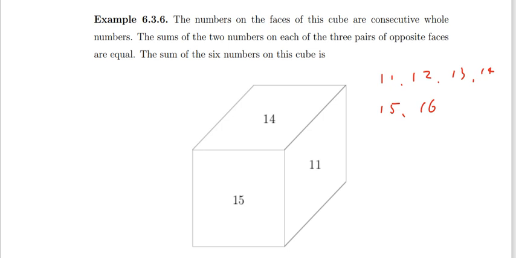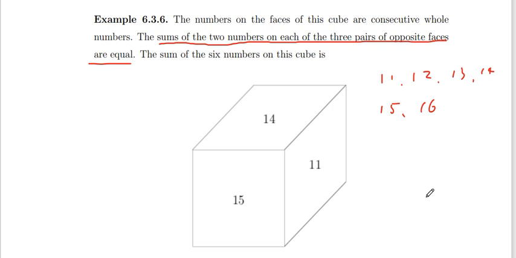So let's say the sums of the 2 numbers on each of the 3 pairs of opposite faces are equal. If this is 11, we need to find what the equal number is.